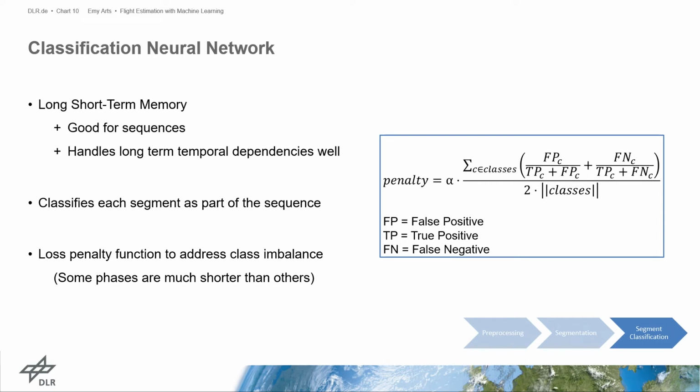This influence factor was then empirically found with a hyperparameter grid search, and we found that the optimal value is the value of 3. So this penalty is added to the loss function and allows the network to not only focus on correctly identifying each segment, but also focus on getting better accuracy on each of the single flight phases.